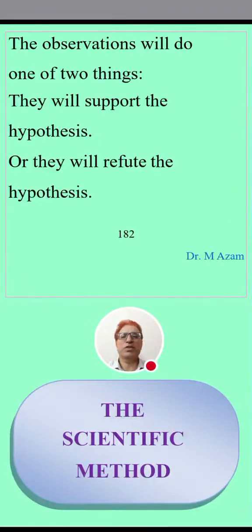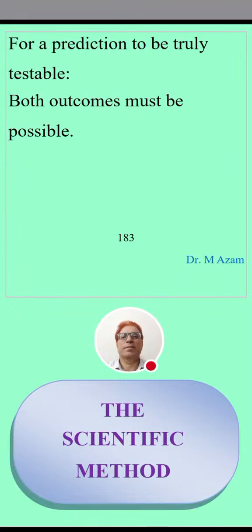The observations will do one of two things. They will support the hypothesis or they will refute the hypothesis. For a prediction to be truly testable, both outcomes must be possible.